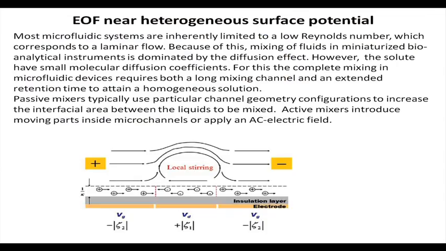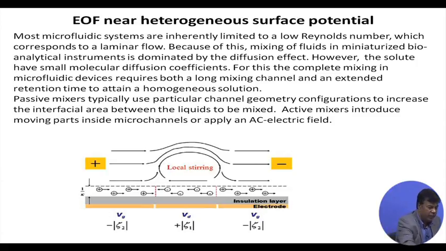That means a step change in zeta potential. Like in the diagram, you have in some portion a positive zeta potential, and in the remaining portion a negative zeta potential. This positive zeta potential will introduce a flow opposite to the direction of the flow induced by the negative zeta potential, and in that process we will have a recirculation zone development.